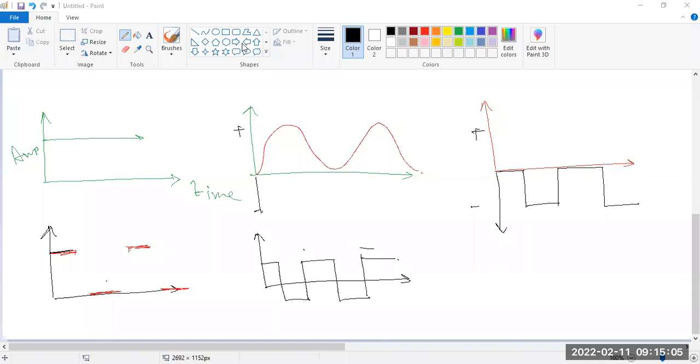Sir, inverted signal. Okay, this is the converted signal. Which type of signal is this? Digital, sir. Digital. Okay, thank you. But it has some specific name.